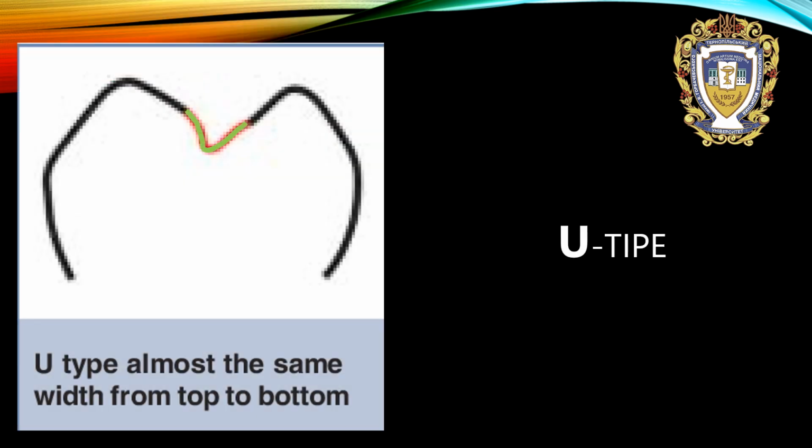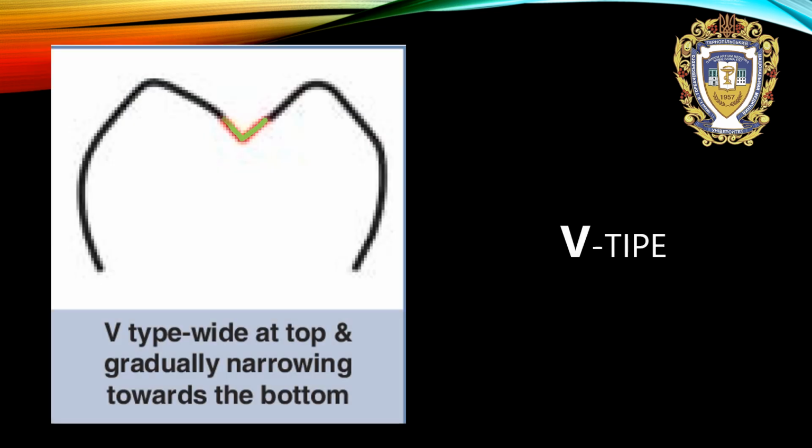U-type. It is a type of fissure with almost the same width from top to bottom. Next type, V-type. It is wide at the top and gradually narrowing towards the bottom.